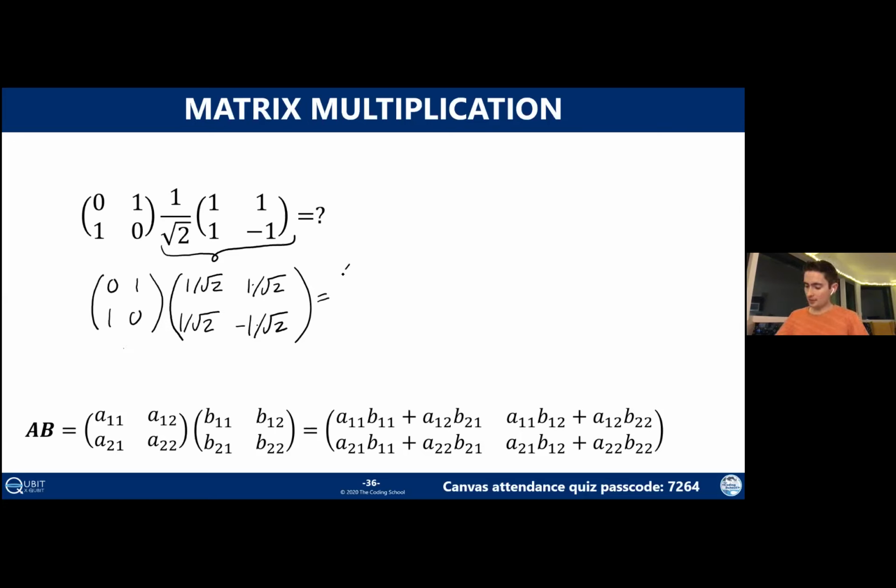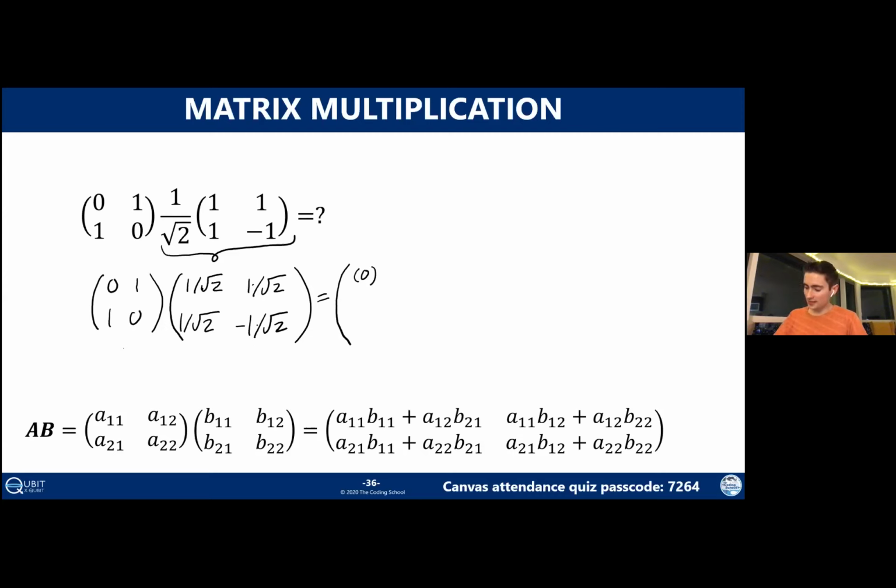So let's go ahead and apply this mega formula that we have here down on the bottom of the screen. Again, this is all just plugging in numbers. You have to keep track of your ones and twos, just to make sure that everything looks good. So A11 is the top left of my first matrix, that's 0.